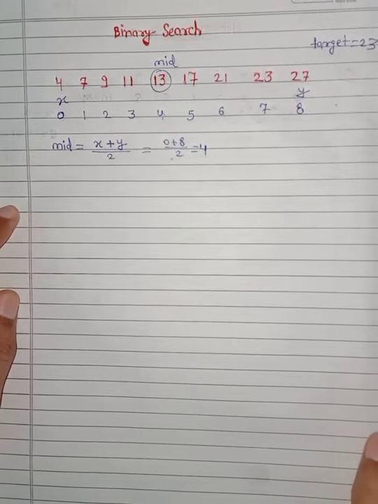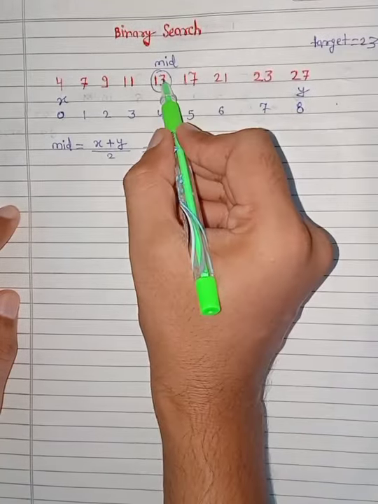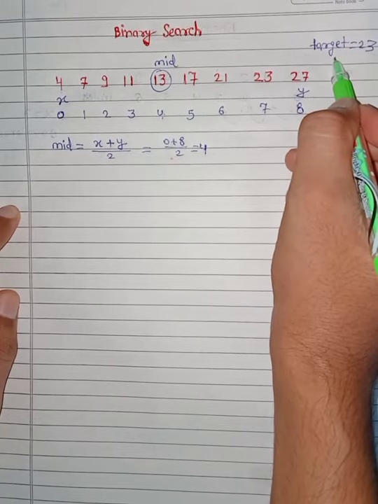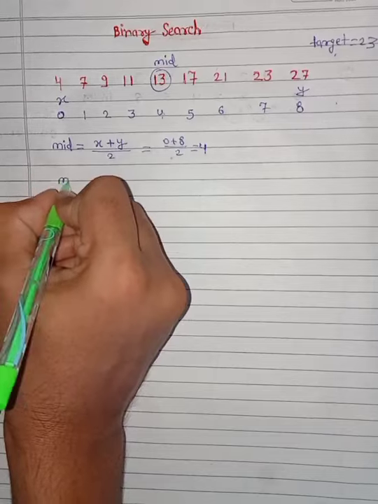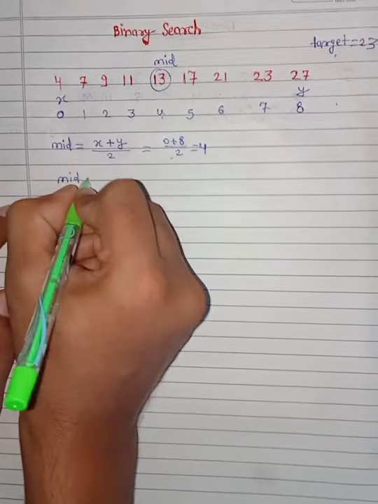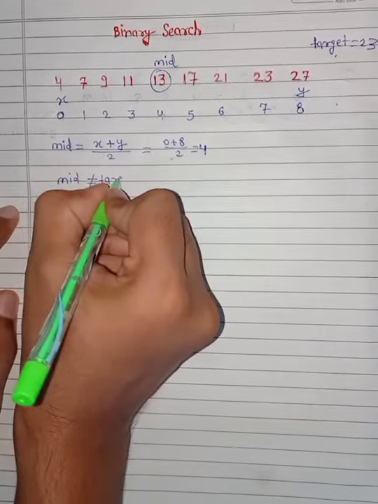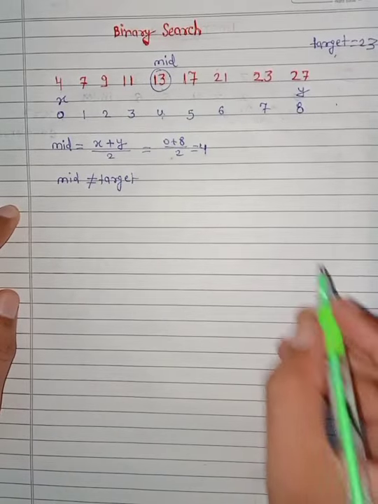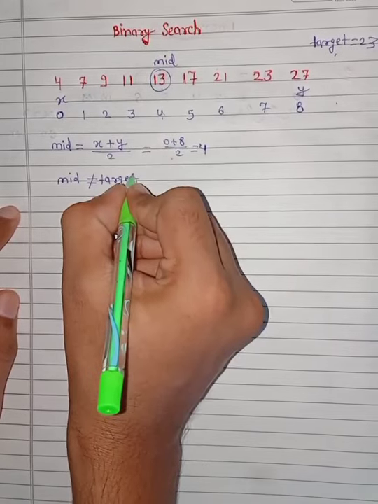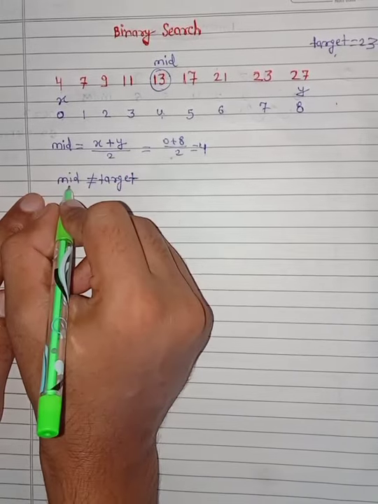Now we will compare our mid element with the target element that we want to search. So mid is not equal to target. Our mid element 13 is not equal to 23. So now we will check whether our target element is greater than the mid element.